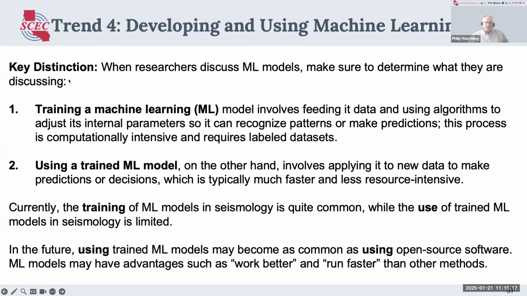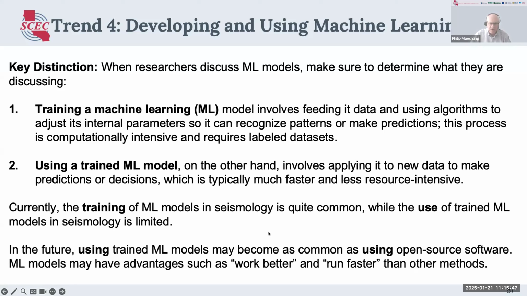I like to make a distinction. There's a lot of discussion about machine learning methods in seismology. I always try to establish early: are we talking about training a machine learning model, or are we talking about using a trained model? If you look at, let's say, SRL, there are often articles about how they have trained their ML models, but it's less common where people are actually using trained ML models.